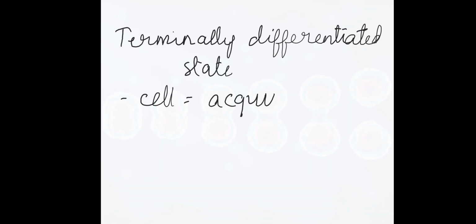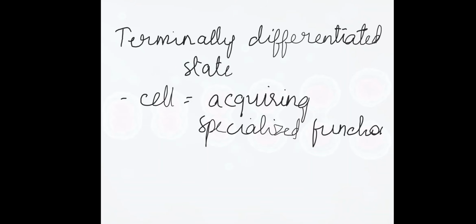And there is another state of G0 phase, that is terminally differentiated state. It is just similar to irreversible, but often differs from it in a small aspect. Here, in this course, the cell is acquiring specialized function.